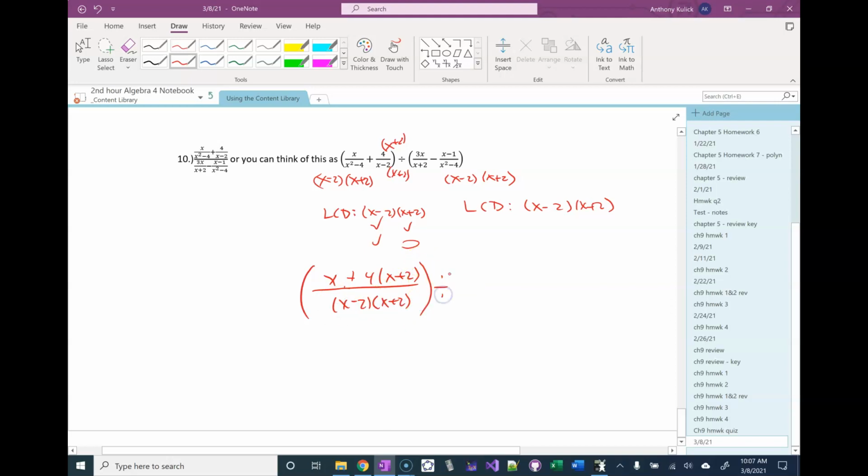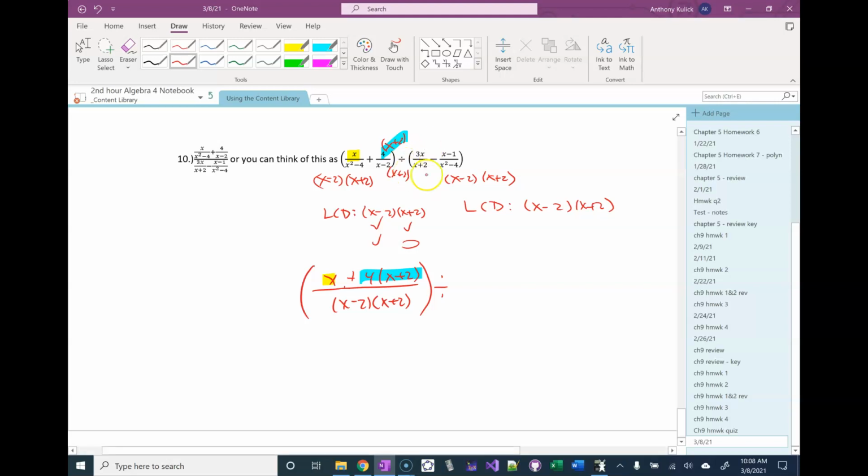Yeah, finish it? Okay. So then let's look at the second fraction here. In the first fraction, we have the x plus 2, but we don't have the x minus 2. So we'll multiply the top and bottom of that by x minus 2. The second fraction, though, we have the x minus 2 and the x plus 2, so we don't need to do anything there.